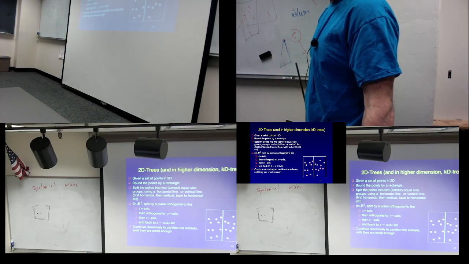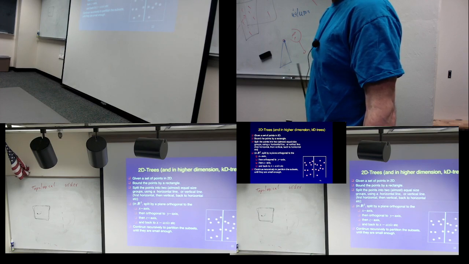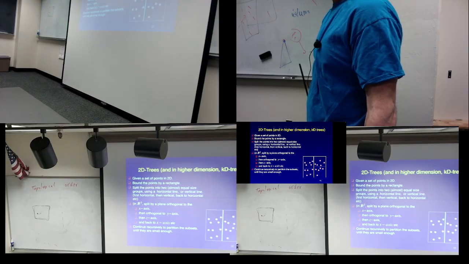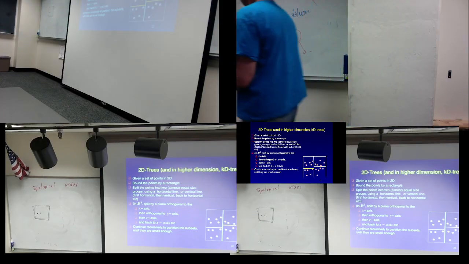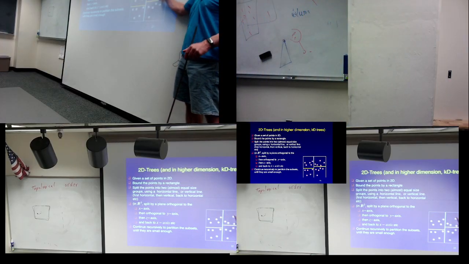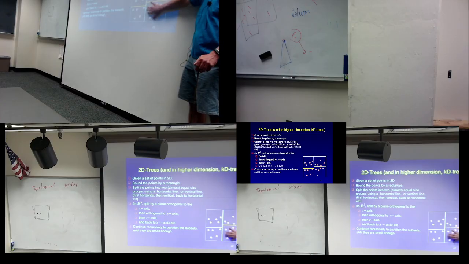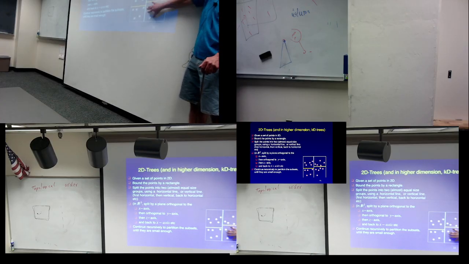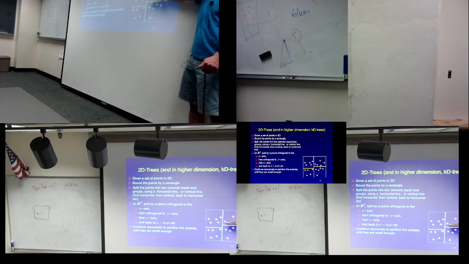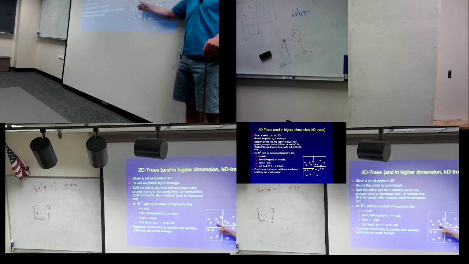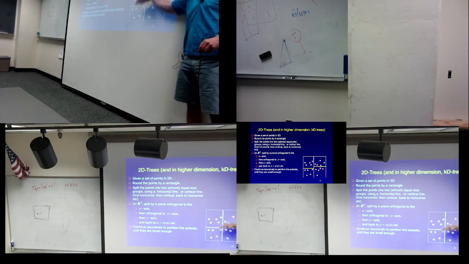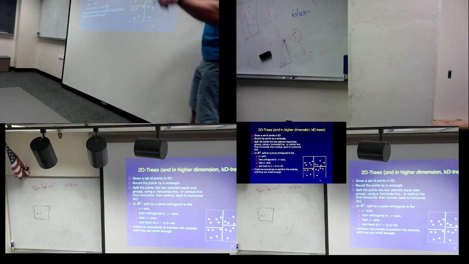And now I switch direction. It's important to switch direction. And I look at all the data on my right side and find the y value so that out of all these points, the number of points on the bottom and the number of points on the top should be as equal as possible. And I don't care at all what happens on my left side, only what will happen to my right side.